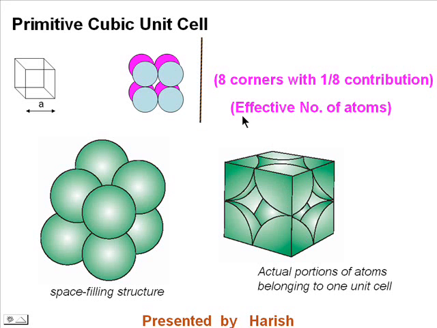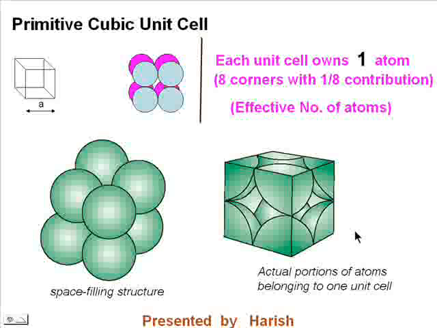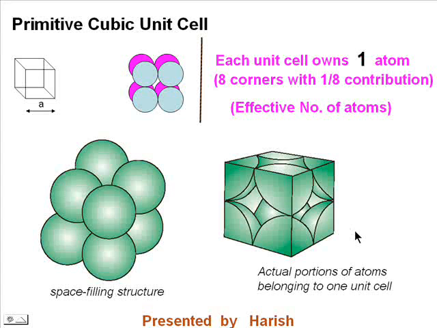So there are 8 corners with 8 atoms with 1/8 contribution from each. So each unit cell owns one atom. So though you make one unit cell with 8 spheres, effectively you have only one atom in a unit cell.